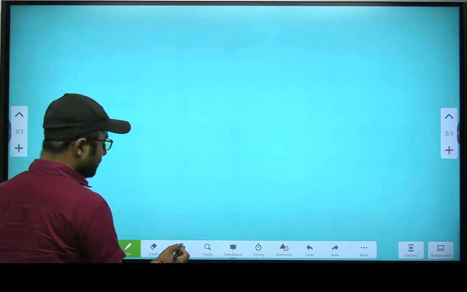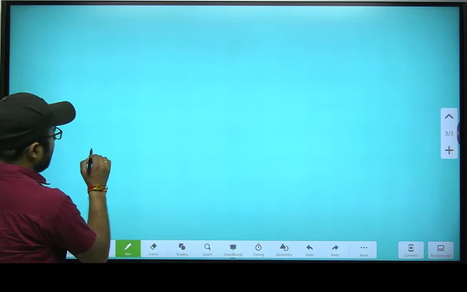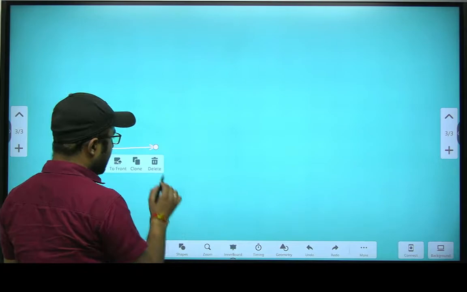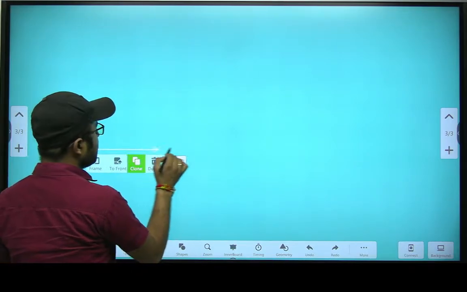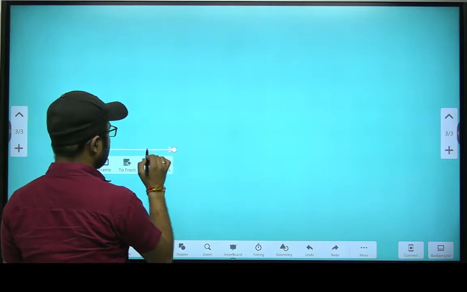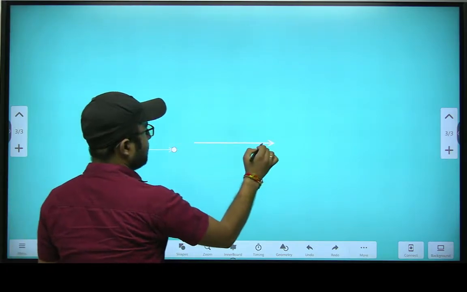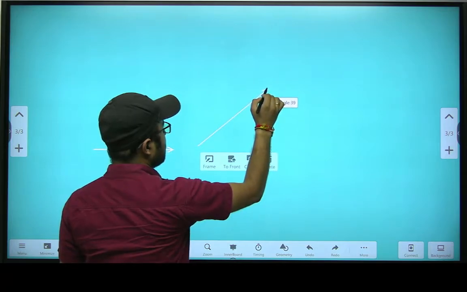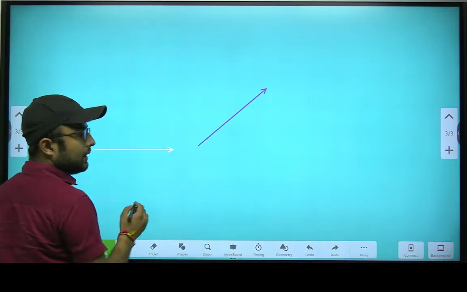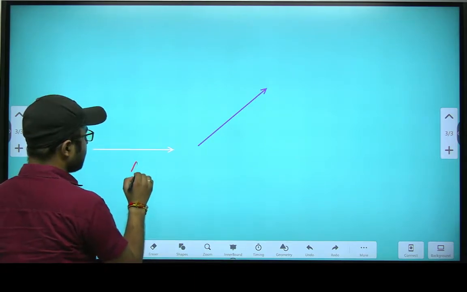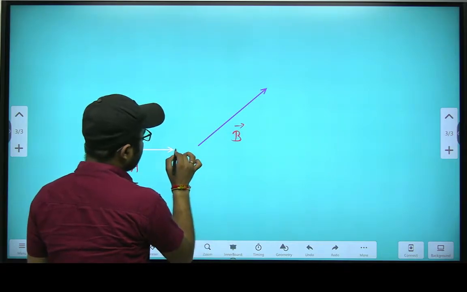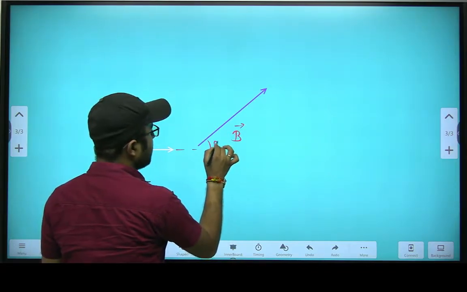In the parallelogram law of vector addition, this is vector a and let there be another vector b inclined at an angle of theta from the direction of the first vector.